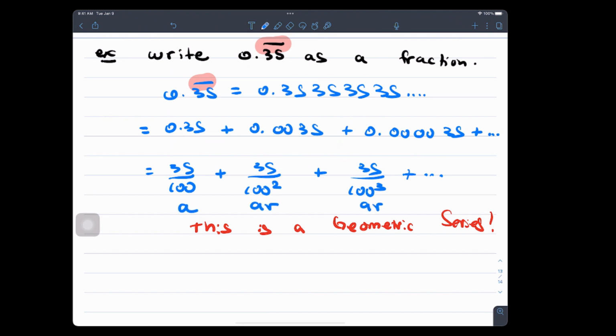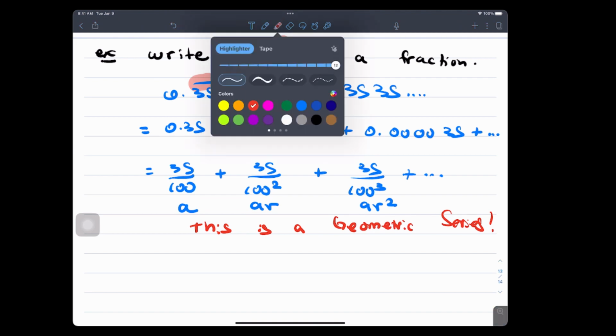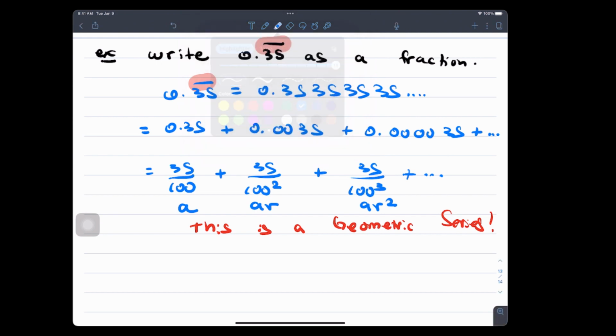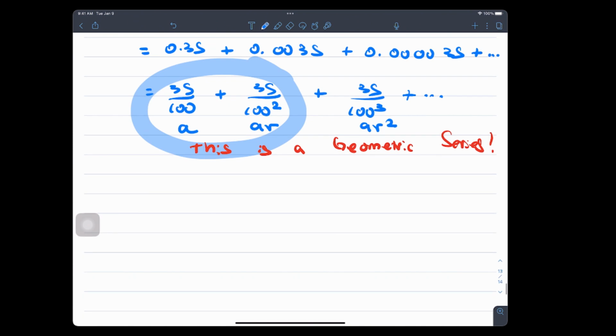A, AR, AR squared. How do I know for certain that this is geometric? Do you guys know how we know? We have to prove it. Say, how do you prove it? Well, we have to kind of show that. So A is going to be 35 over 100. AR is going to be 35 over 100 squared.